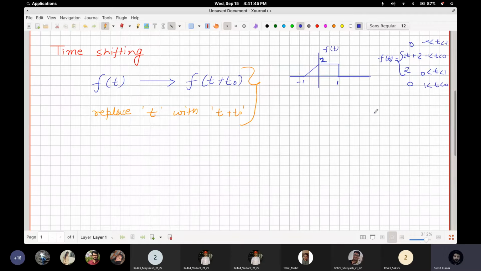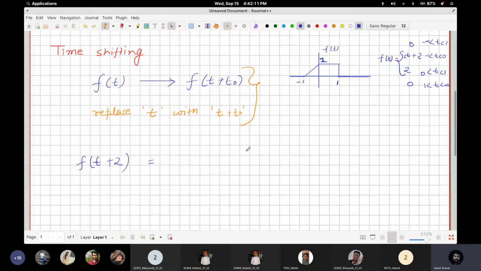So the simplest method is that if we have to find out f of t plus t naught, let me write f of t plus t naught here. I am replacing t with t plus t naught, and in this case, let's say t naught is a positive constant, equal to 2.